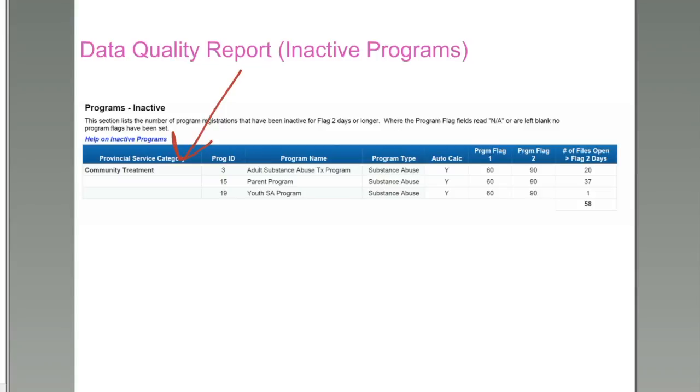We are looking at how many files are exceeding the program flags for those actual programs, and hence are potentially inactive. Then you get an overall total here of 58. So that's how you would read that section.